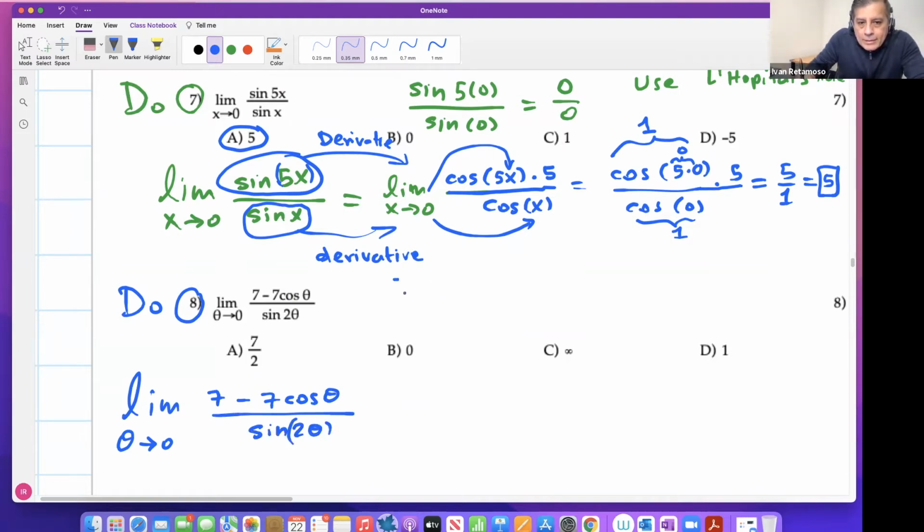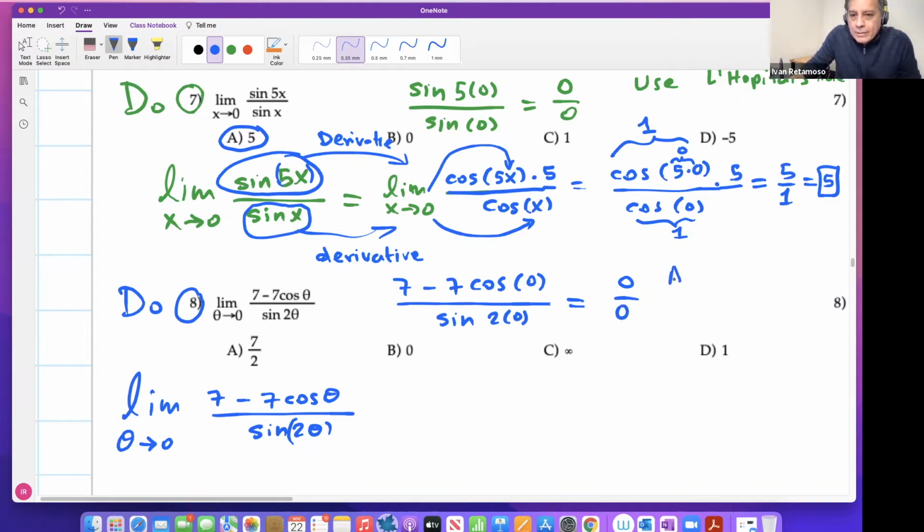Notice that if you attempt direct evaluation, which is something that you should always try, because what if it works? If it works, you are done. Cosine of 0 is 1, 7 minus 7, 0. Sine of 2 times 0, sine of 0, 0. 0 over 0, right? So then apply L'Hopital's rule.